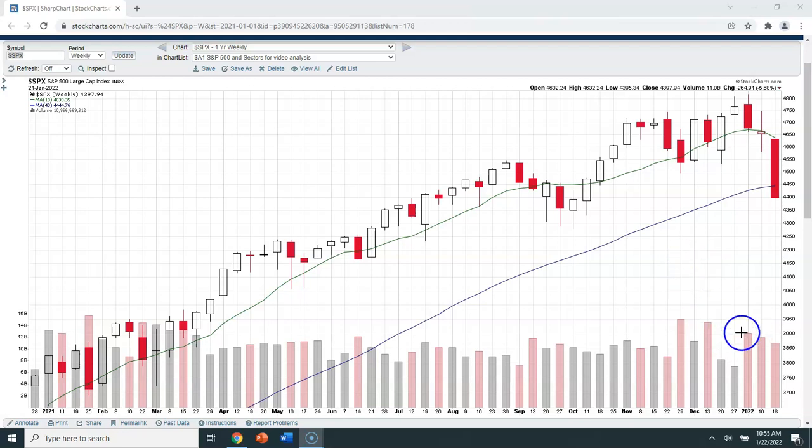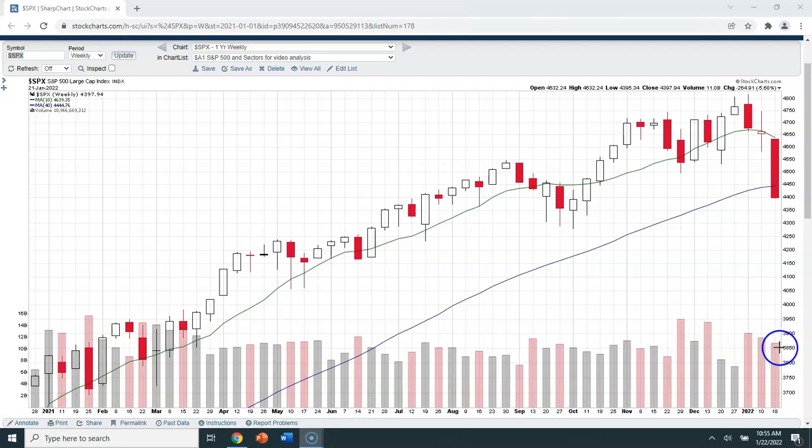Now, one of the first things I like to look at is the volume, and, at least, if there's anything good about this last week, it is that the volume was lower. The downside volume was lower this week than the previous couple of weeks, and those weeks were lower than the two previous distribution weeks that we had back at the end of November and the second week here in December.